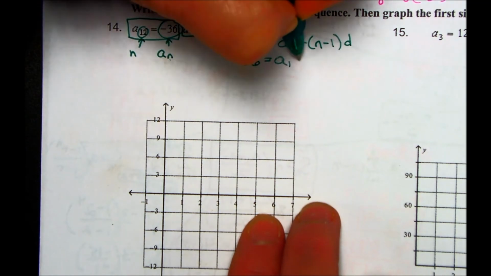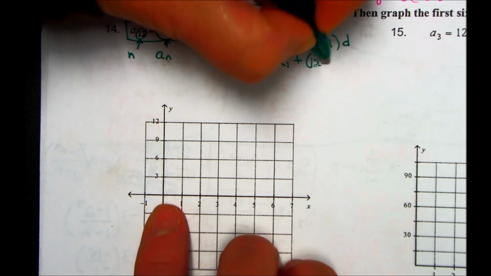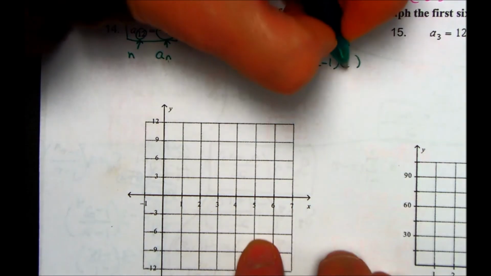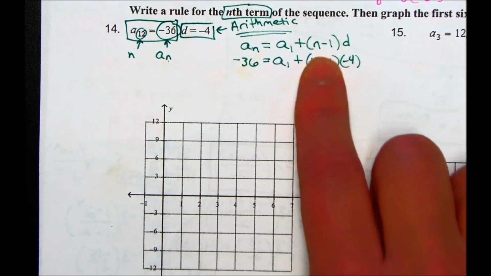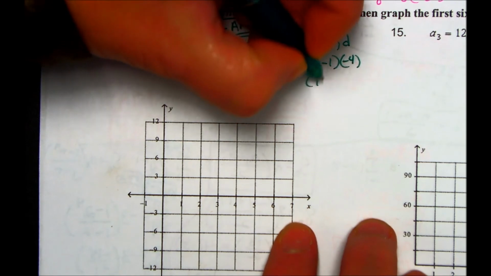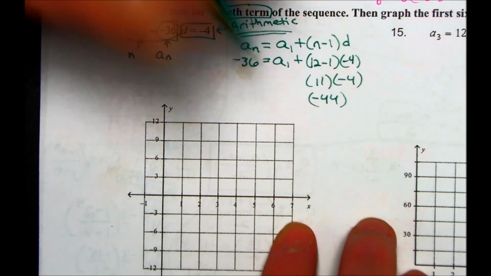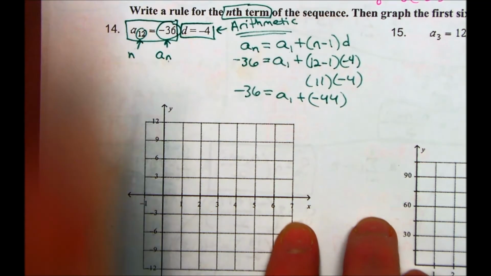We don't know a sub 1. n is 12 minus 1 times our common difference, which is negative 4. Since we can calculate that, 12 minus 1 is 11, times negative 4 will be negative 44, plus a sub 1 equals negative 36.